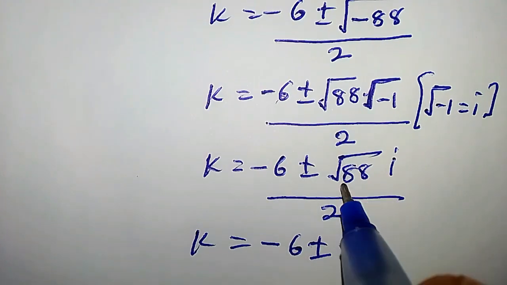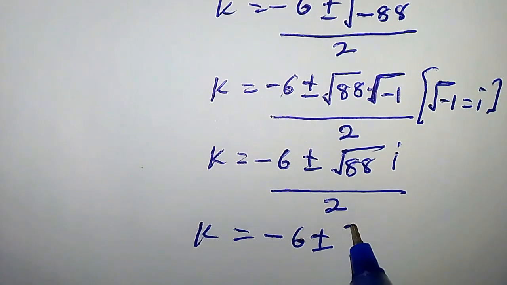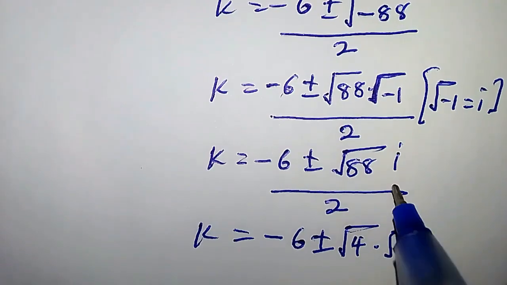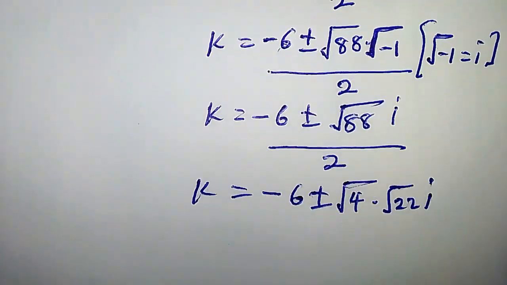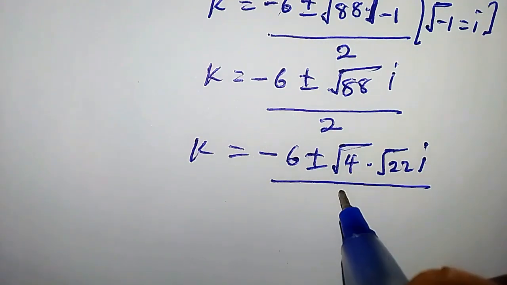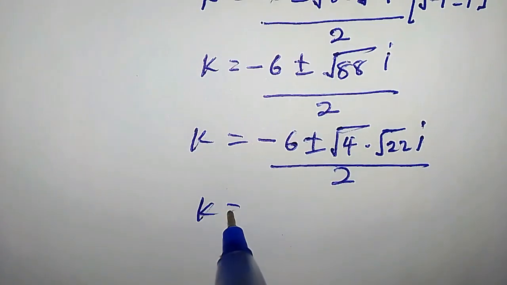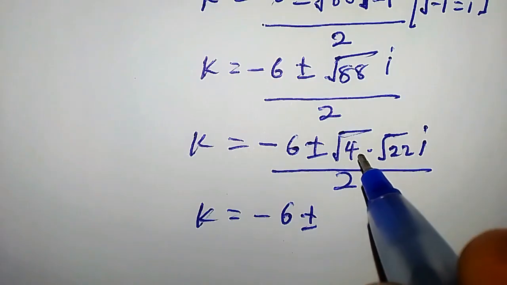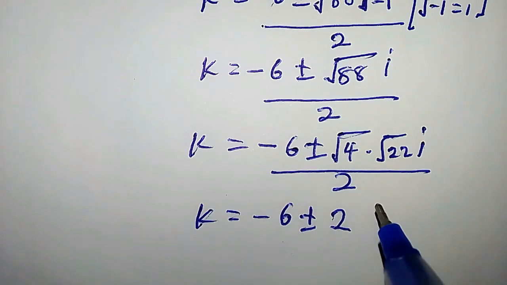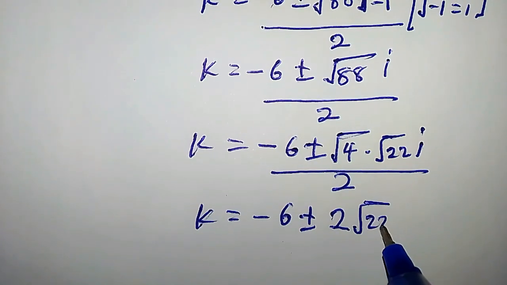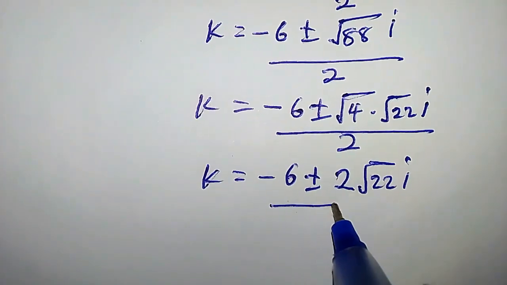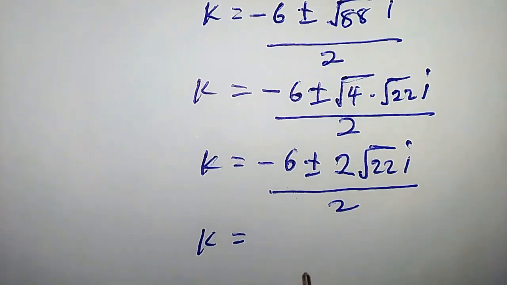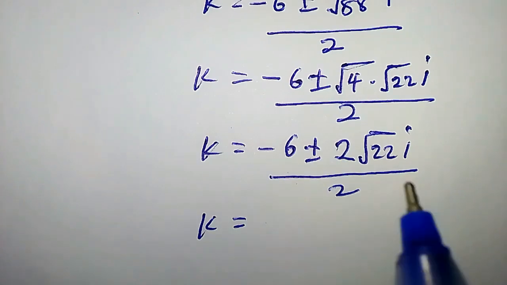k is equal to minus 6 plus or minus. We can rewrite square root of 88 as square root of 4 times square root of 22 times i, divided by 2. k equal to minus 6 plus or minus. What is square root of 4? That is simply 2 times square root of 22i divided by 2. k equal to, I can pull out 2 from this numerator.